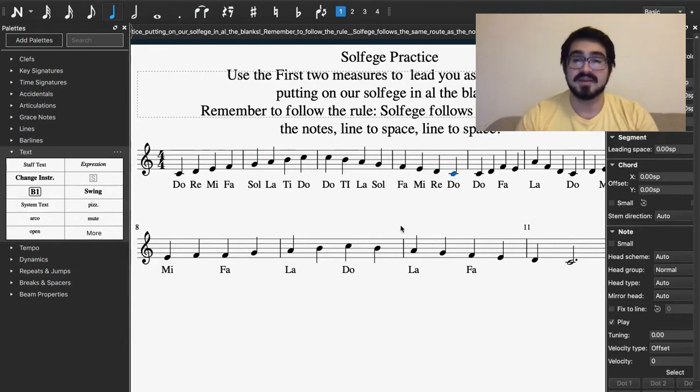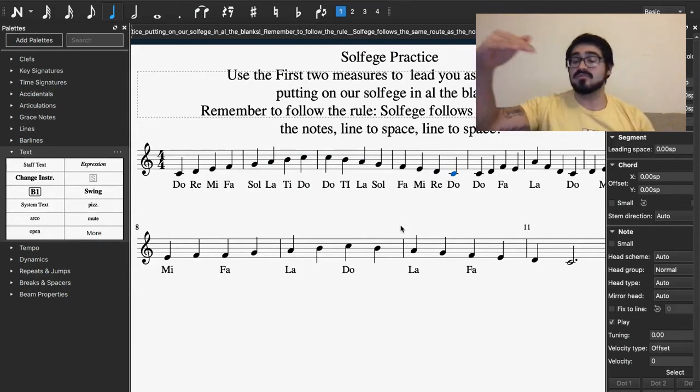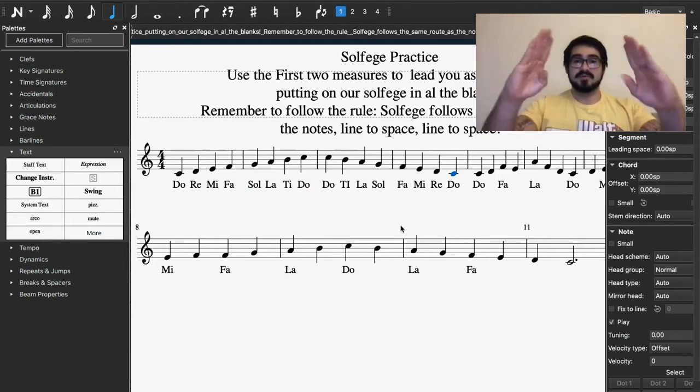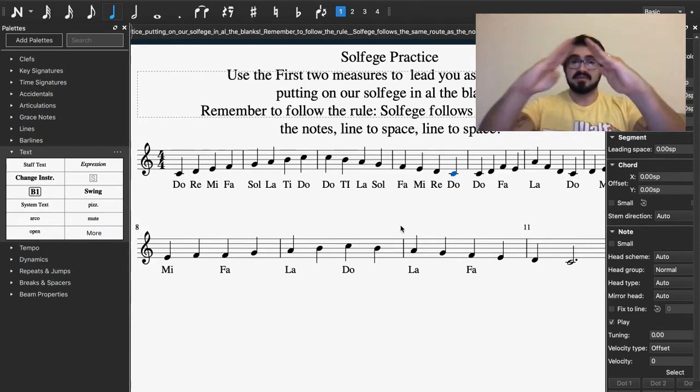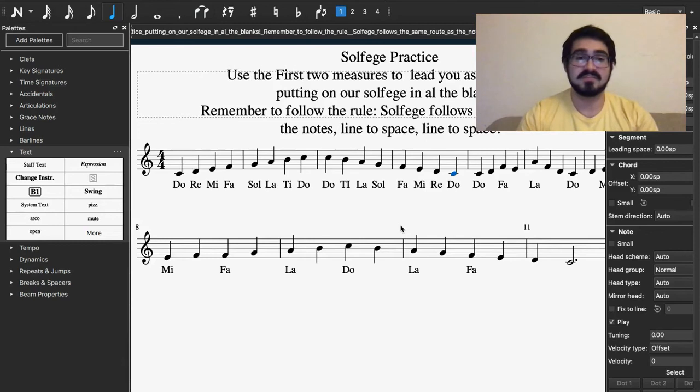You have to think about it in the same way as you think about reading your notes up and down. If you thought of a scale like a triangle, but just with two sides, it goes up and it comes right back down. Both sides are the same. It's the exact same way to think about it. It just goes up in the order.